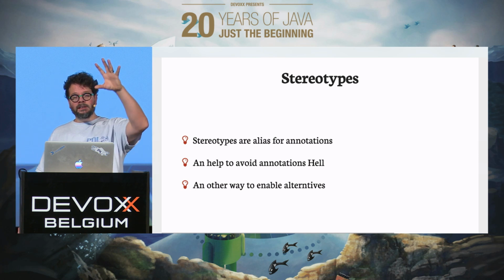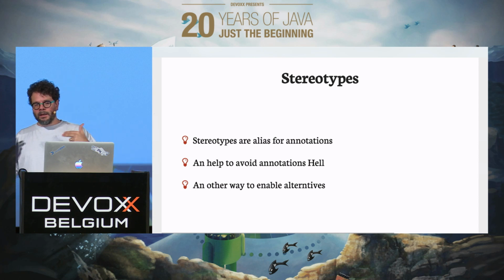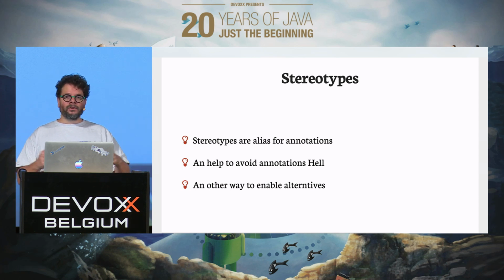In fact, you keep the same type safe resolution mechanism, but at the end, if you have multiple candidates for the injection point, the container will look if one of the candidates has the @Alternative annotation, and if it's the case, it will be taken into account. If it's not the case, you have an ambiguity.